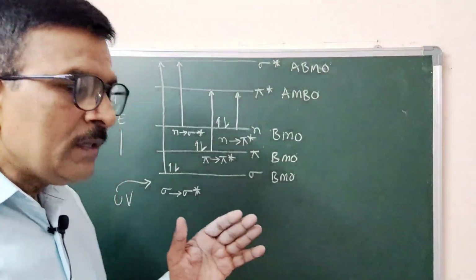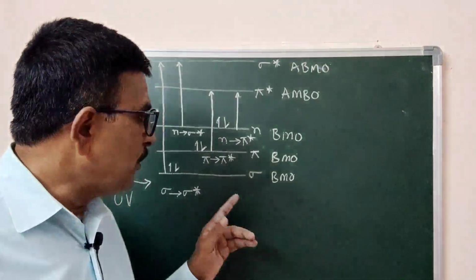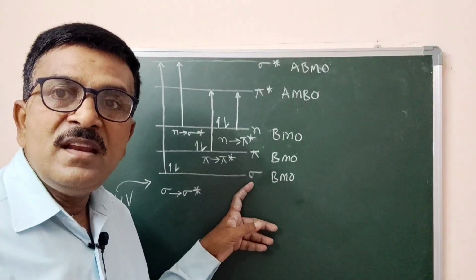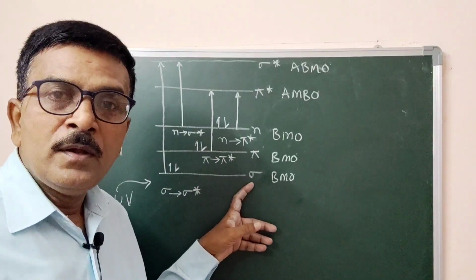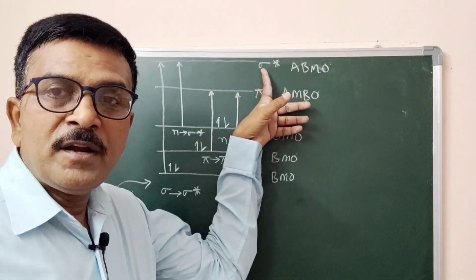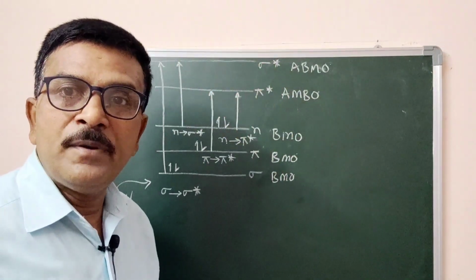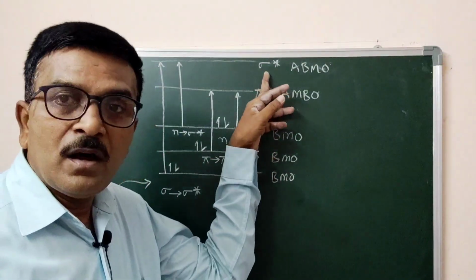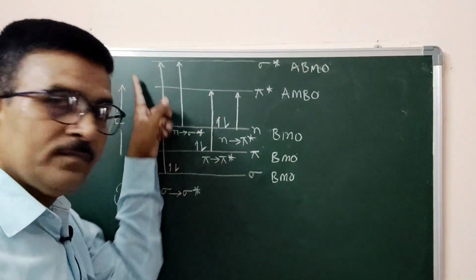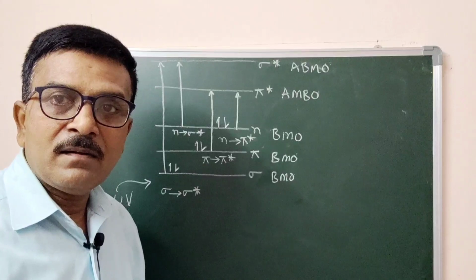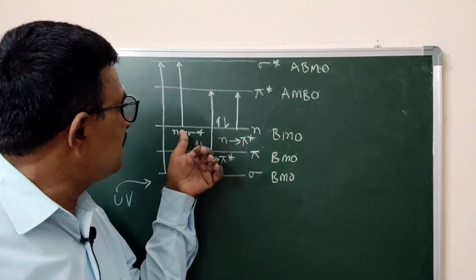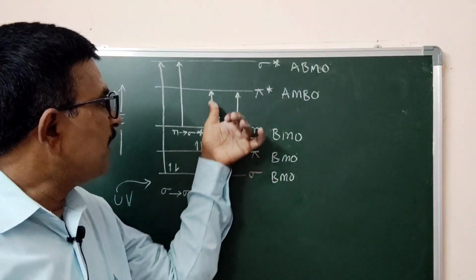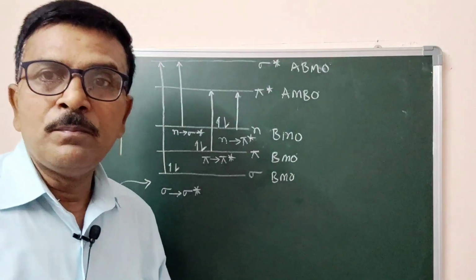Now the energy difference: as we know from this picture, the sigma bonding molecular orbital is least energetic because it is more stable, whereas the sigma anti-bonding molecular orbital is more energetic than all other orbitals. That is, the energy difference between sigma and sigma star orbital is higher. The energy is higher when compared with the energy difference between non-bonding orbital and sigma star, between pi and pi star, and between N and pi star.